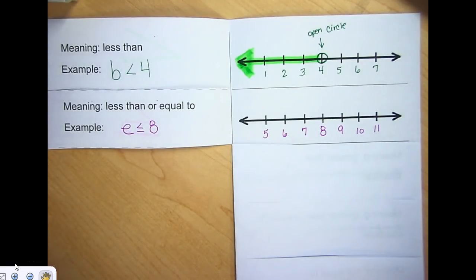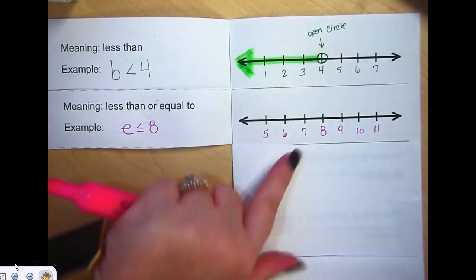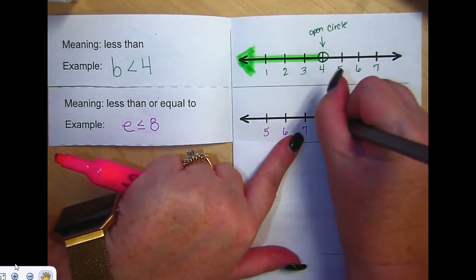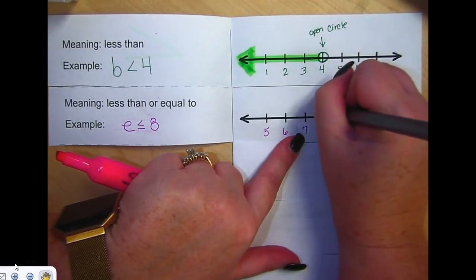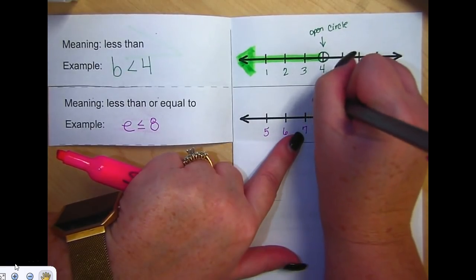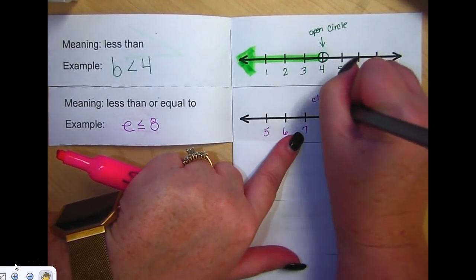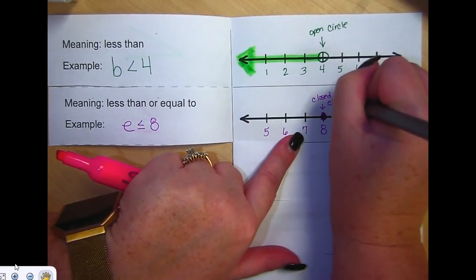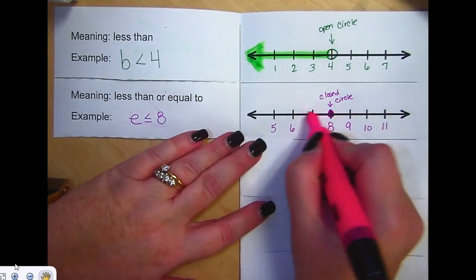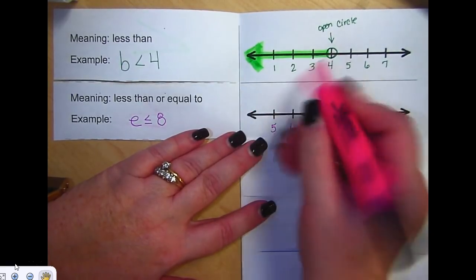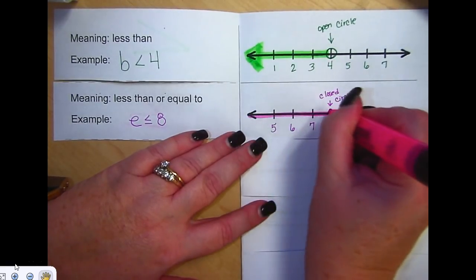So since it includes 8, we need a closed circle. Close it in. It could be exactly 8. But it could also be any other number less than 8. So use your highlighter and go in that direction.